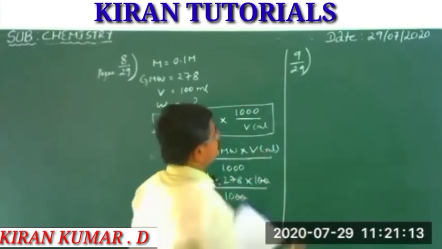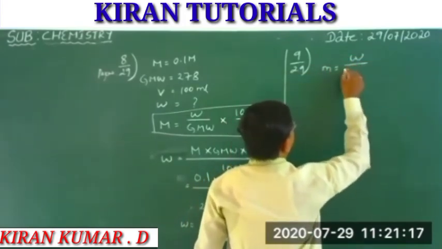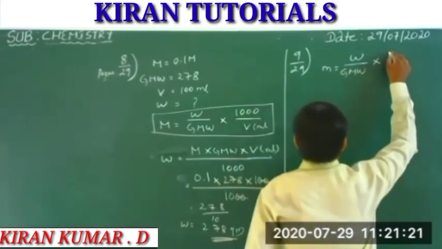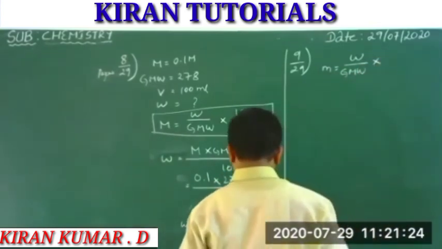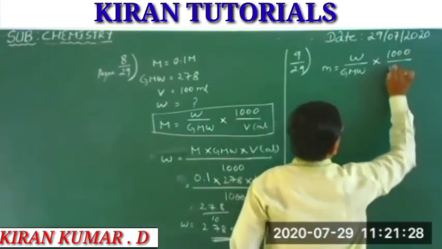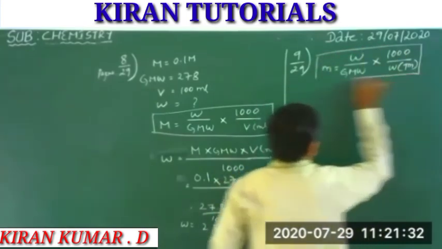So what is the formula? M is equal to weight by gram molecular weight into 1000 by weight of solvent in grams. That is the formula.